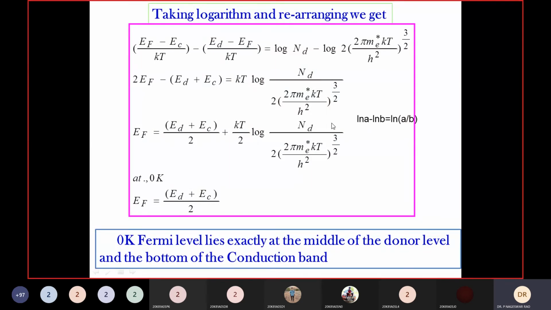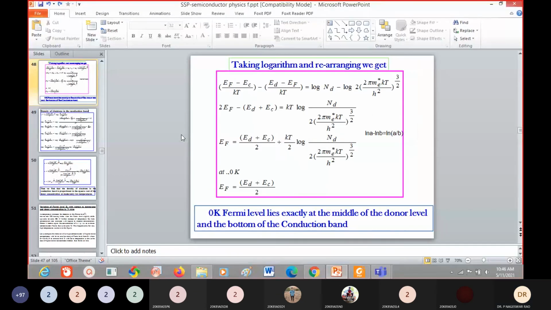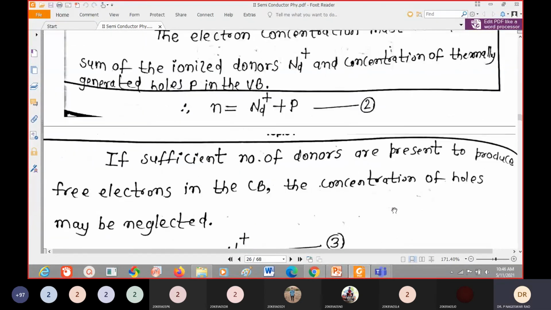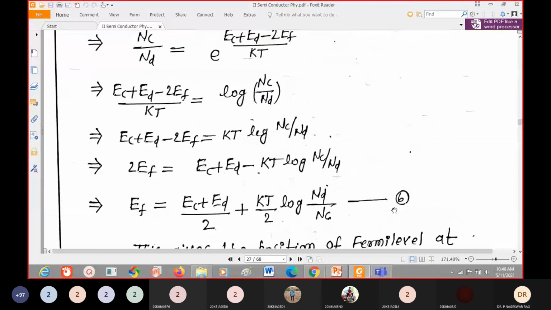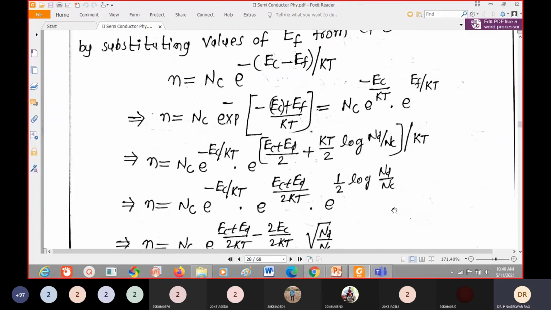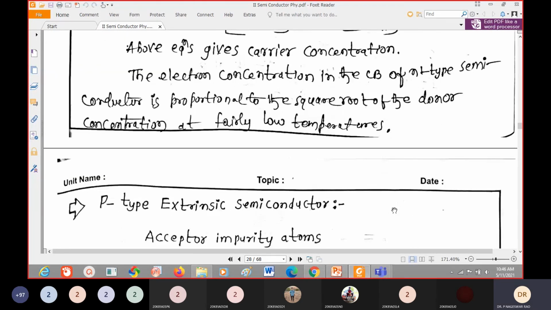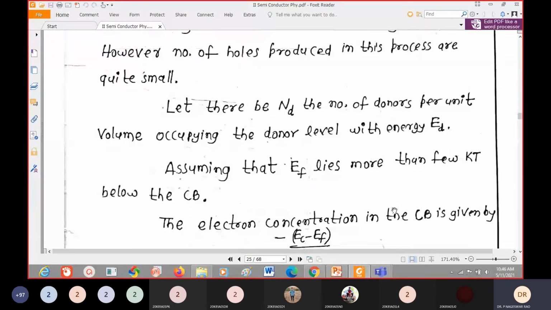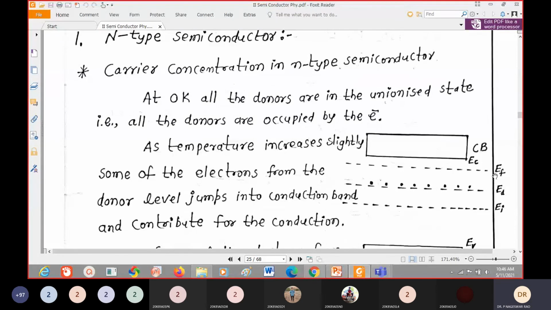Here, at 0 Kelvin, what is the position of the Fermi level? I will show you here. See here. This is the conduction band, this is the donor level, and the Fermi level position is in between the conduction band and the donor energy level.